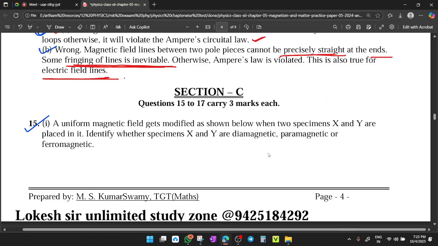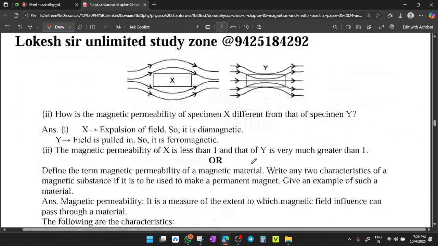Now we start with section C, 3 marks each. A uniform magnetic field gets modified as shown below when two specimens X and Y are placed in it. Identify whether specimens X and Y are diamagnetic, paramagnetic, or ferromagnetic. Very simple. This material should be diamagnetic, and this should be ferro or para.